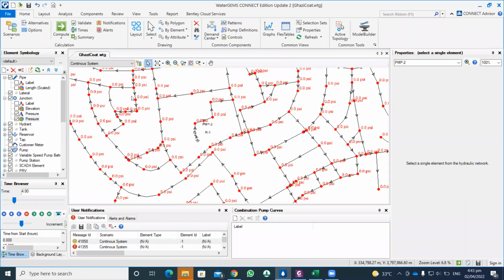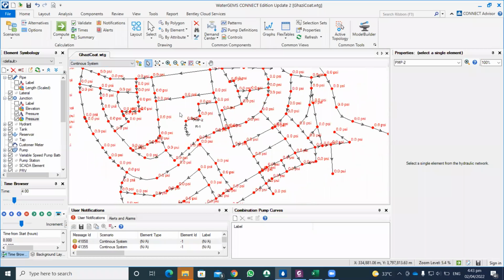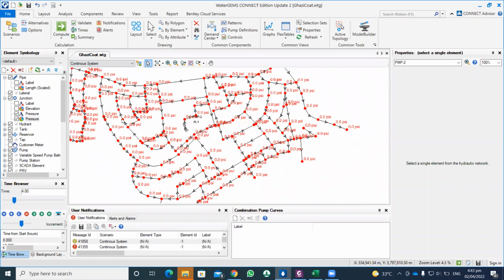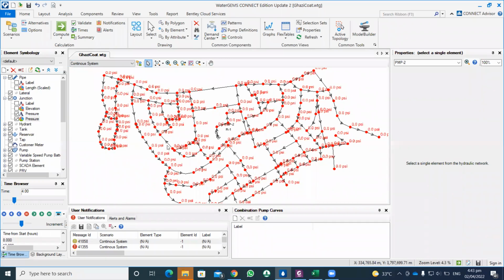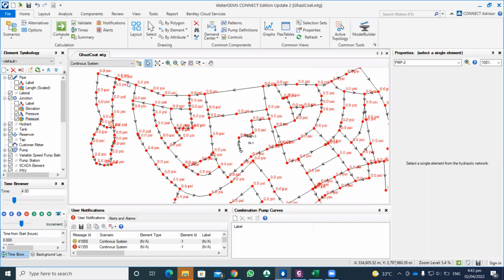And I have also shown you the criticality. By using that criticality analysis, you can find which portion of a system is critical, and based on that you can provide valves to the system in order to prevent it from criticality.